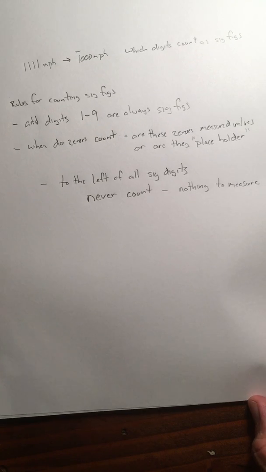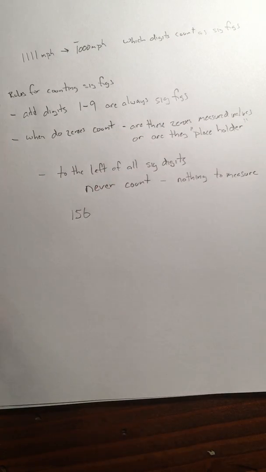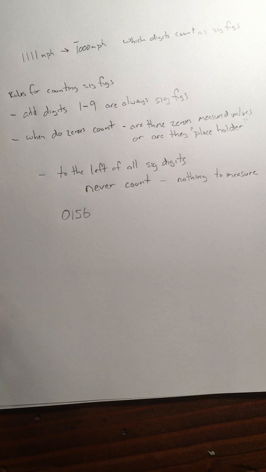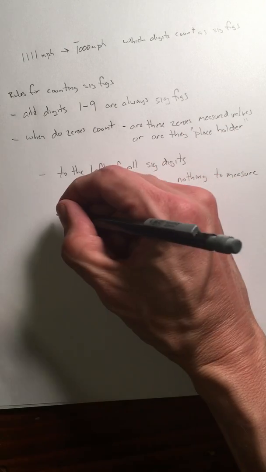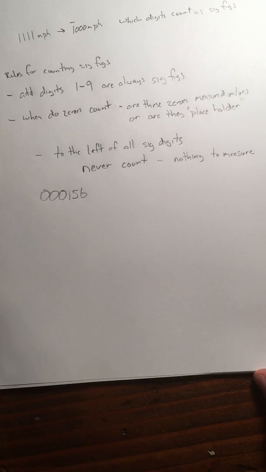So let's imagine the number 156. That looks like it has 3 sig figs. Now, I could certainly put a 0 in front of it. That's still the same number, 156. In fact, I could put as many zeros as I want out there. But those aren't significant figures, because you're not really measuring anything by putting those zeros out there.